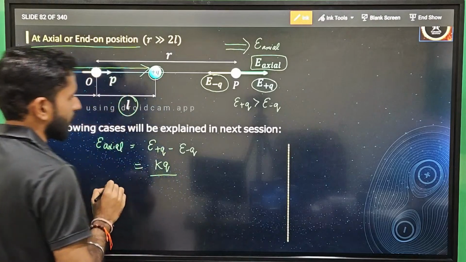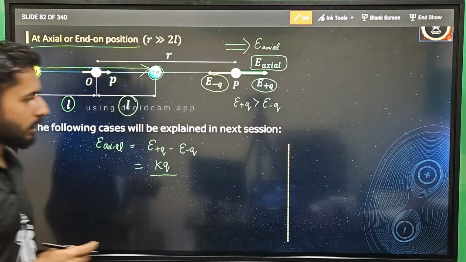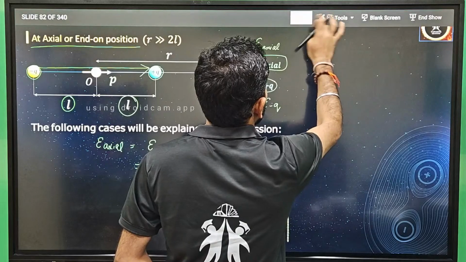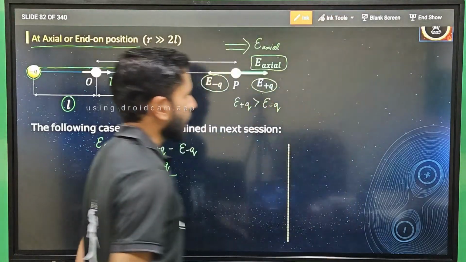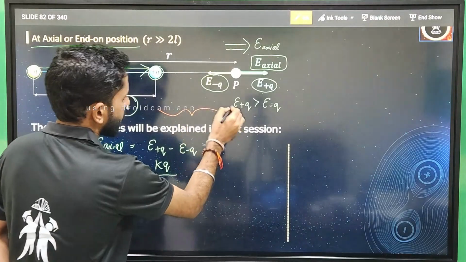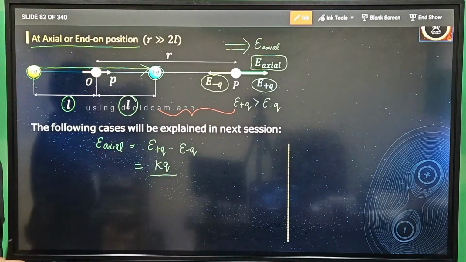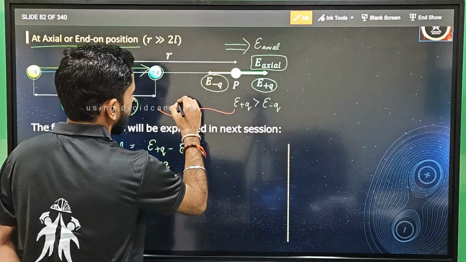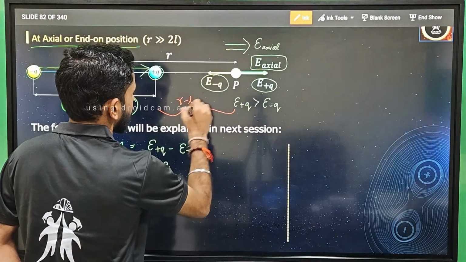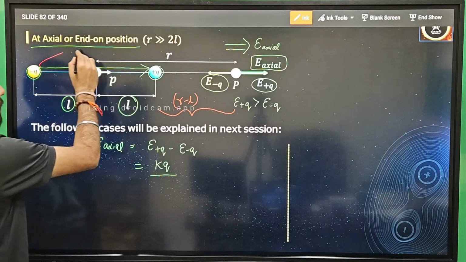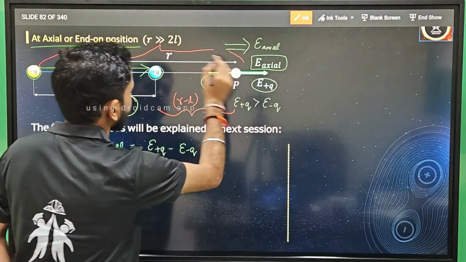Now tell me, what about the distance between them? Now this is an interesting thing. What will you write for the distance? From plus Q, from the center I have taken the distance approximately R, and from here I will write R minus L. R minus L. And if I ask you the distance from here, what will you write?